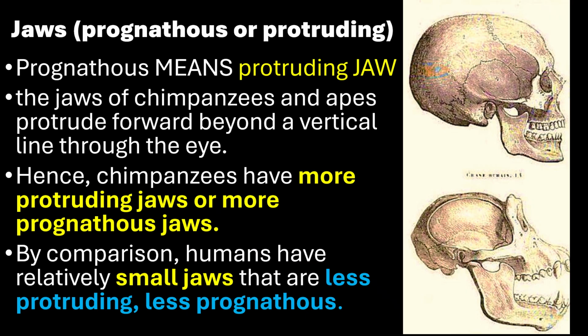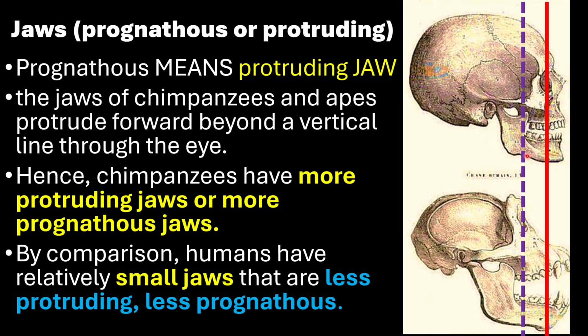So remember here, it spoke about a vertical line through the eye socket. Here it said the jaws of chimpanzees and apes protrude forward beyond a vertical line through the eye. So if you take the human eye, that's the human eye, if you draw a line there, you can actually look at the position of the jaw. You can see it is under the eye socket.